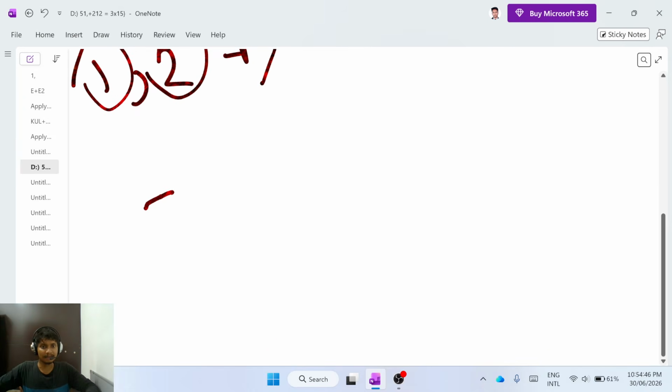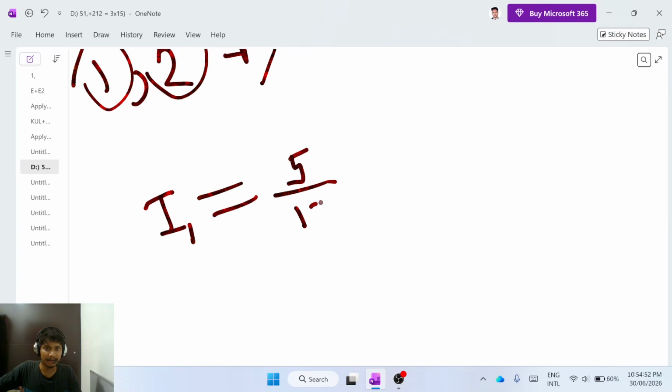I1 is equal to 5 by 13 milliampere. This is the answer of I1.